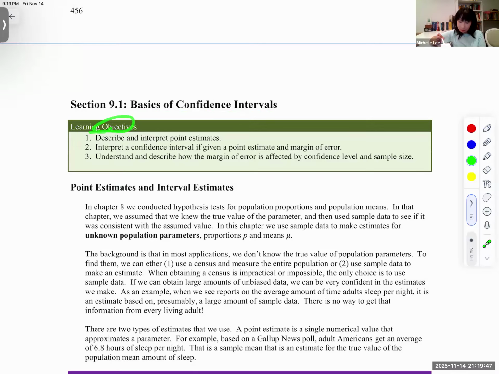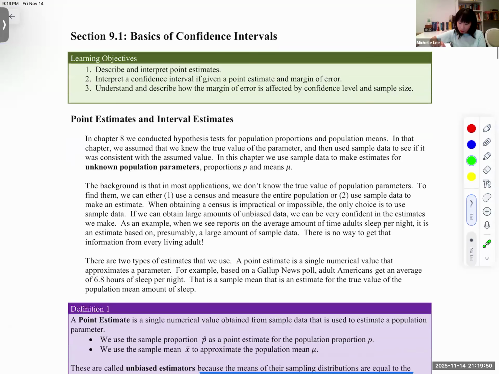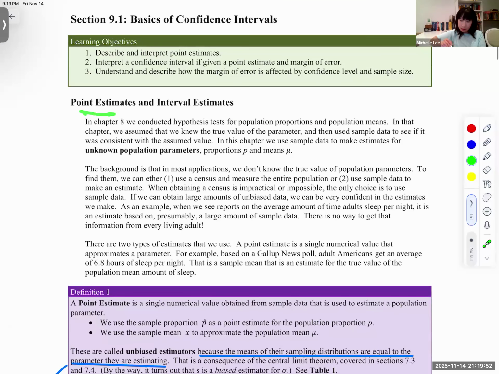Learning objective here. Now we have point estimate and interval estimate. Point estimate, we did that earlier. P-hat, right?